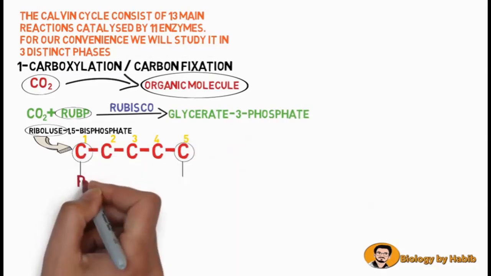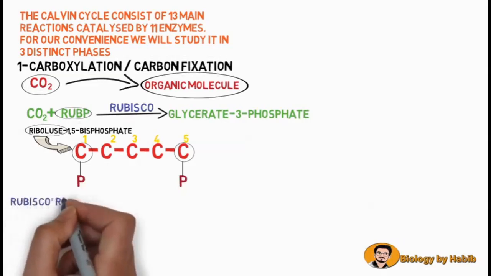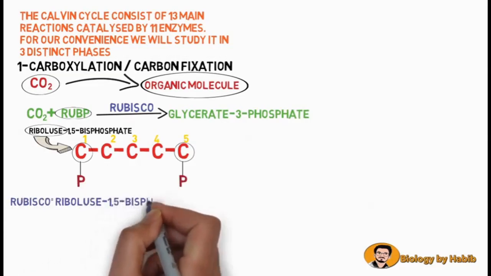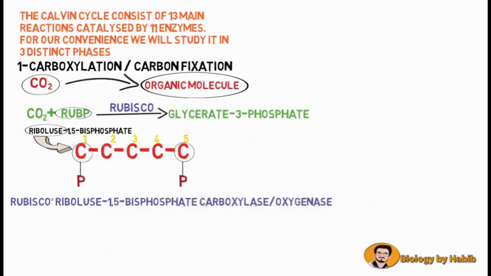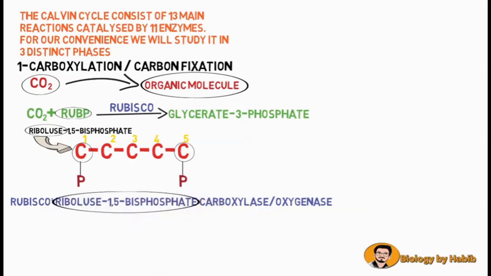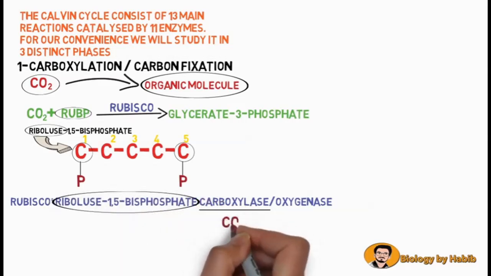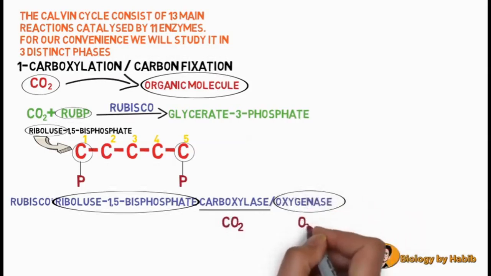That's why it is also called 1,5-bisphosphate. What is Rubisco? Rubisco means ribulose 1,5-bisphosphate carboxylase oxygenase, which means this enzyme catalyzes the reaction of RuBP with carbon dioxide as well as oxygen molecule.